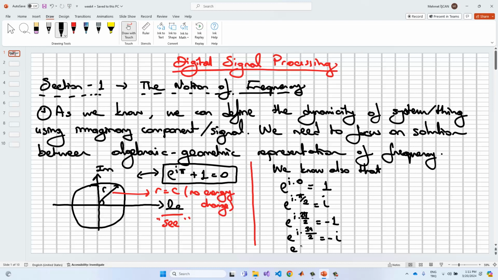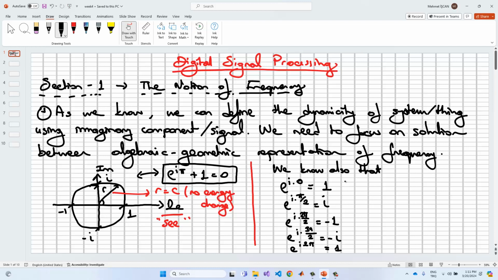And exponential i 2 pi is equal to 1. Just like this, 1, i, minus 1 and minus i, and in this case we return to the same point.